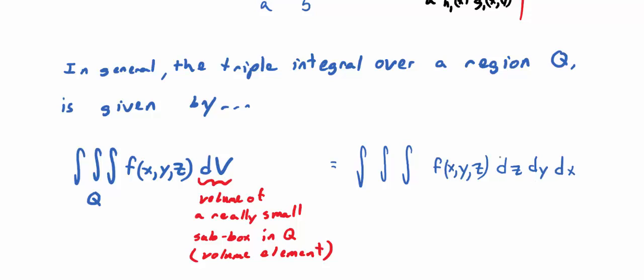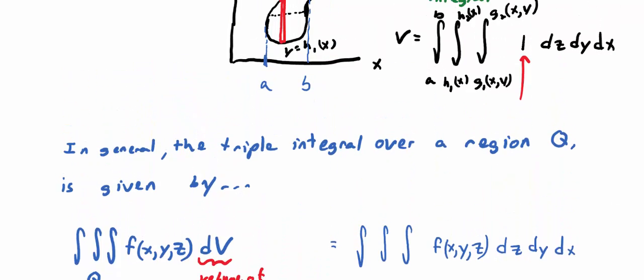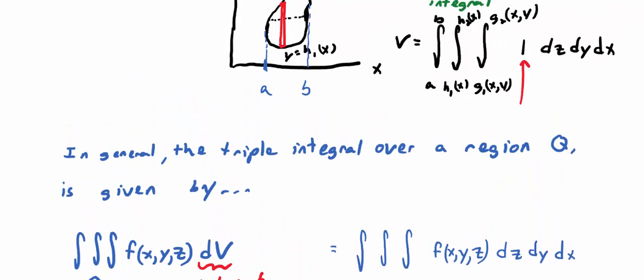But that depends on easily representing the boundaries, the outer surface of the solid, as upper and lower functions of z. If we can't, then we might try some other order of integration. But then, I'm going to list one possible order of integration, just rehashing what we just wrote up here as far as the limits go.